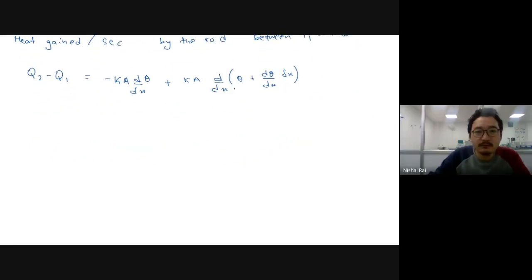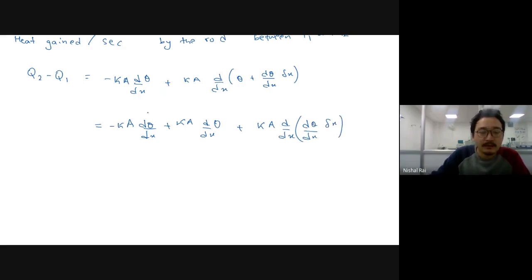As you can see, the first term will cancel out: Ka d theta by dx plus Ka d by dx of d theta by dx with delta x. These two terms will cancel out.